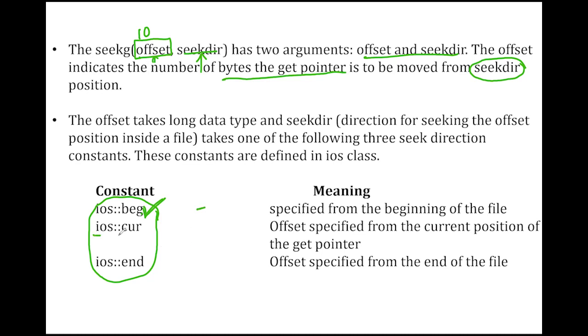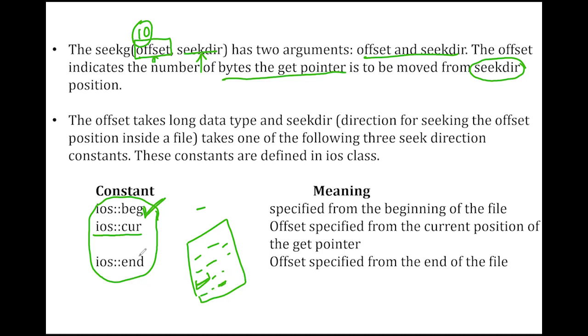If it is written ios::cur, it means the offset is specified from the current position of the get pointer. Suppose a program was already reading the file, and it has randomly stopped here. Whatever the current position is, from there, if the offset is 10, I will count 10 bytes and start from the 11th byte.